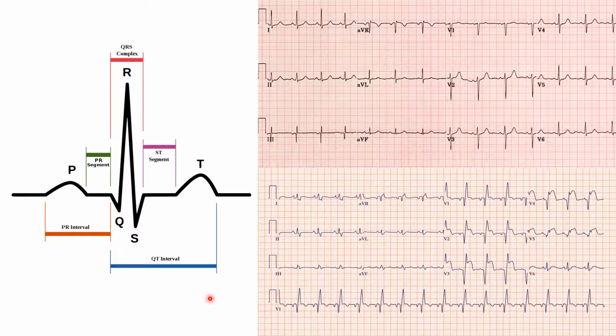The P wave indicates atrial depolarization. The QRS indicates ventricular depolarization. And of course, the T wave that comes after the QRS complex indicates ventricular repolarization.